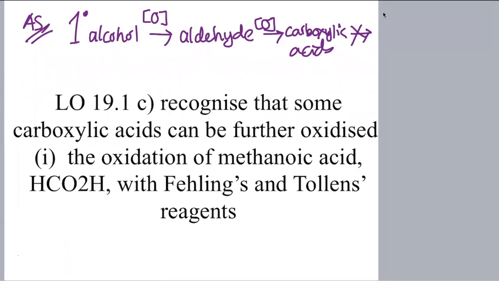These two acids are methanoic acid and ethanedioic acid. That is something contradictory to the things that you learned in AS. Carboxylic acids can be oxidized further, but only for certain ones. For your syllabus, you only have to learn about two, which are methanoic acid and ethanedioic acid.